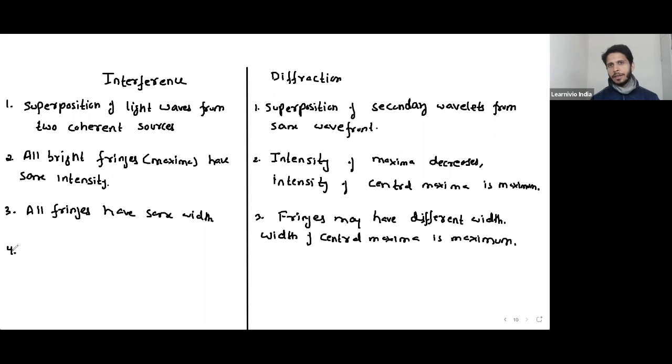The next is in interference, there is a very good contrast between dark and bright fringes. The intensity of dark fringe is very low. The intensity of bright fringe is very high. So there is a very good contrast between the bright and dark fringes. But in diffraction, there is no such good contrast.